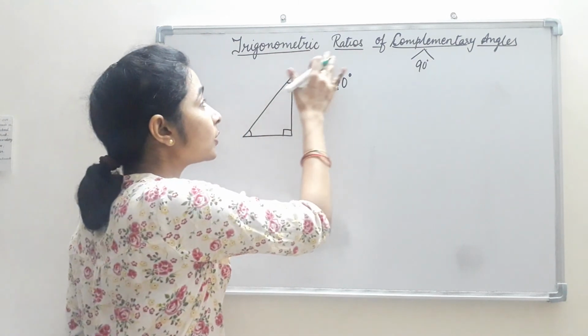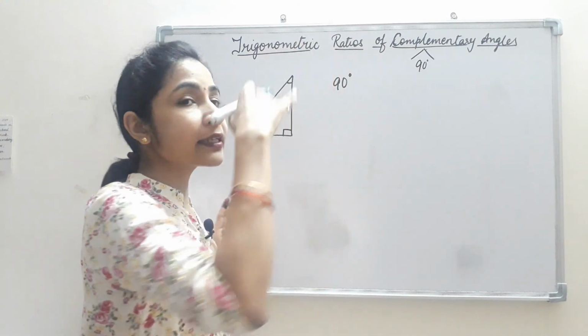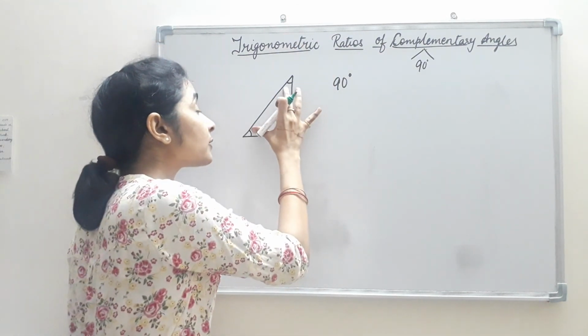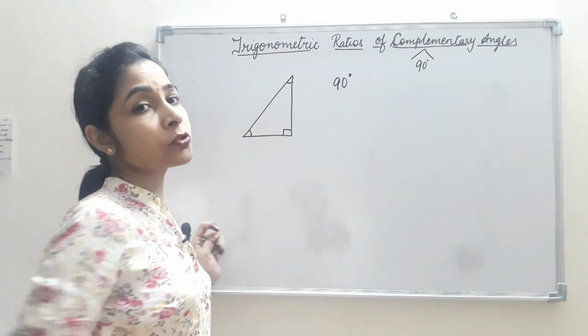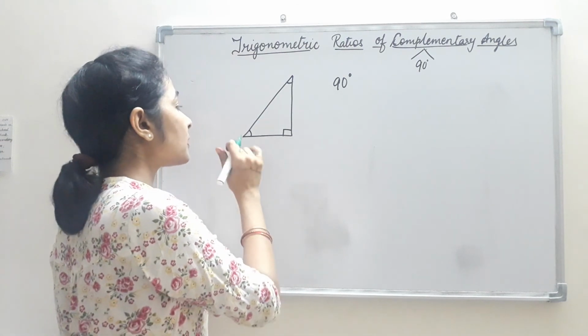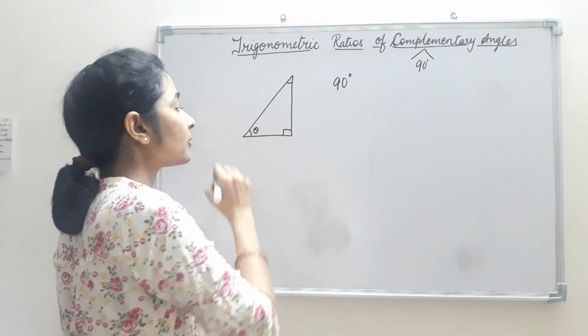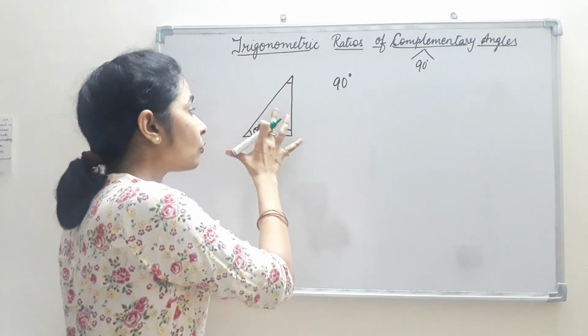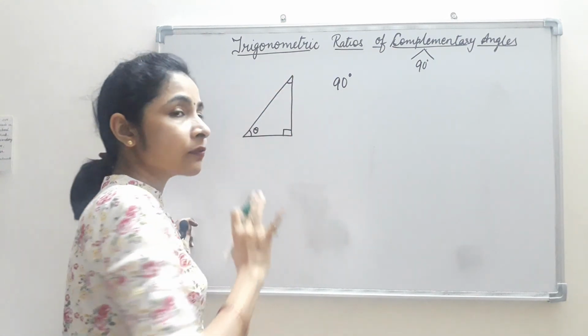So we are going to study the trigonometric ratios of complementary angles. What is the relation between the ratios of these two angles that we are going to study here? Suppose I take this angle as theta, then what will be the value of this angle? We know that the sum of these two angles is equal to 90 degrees.